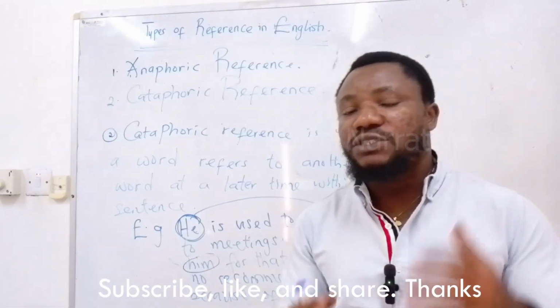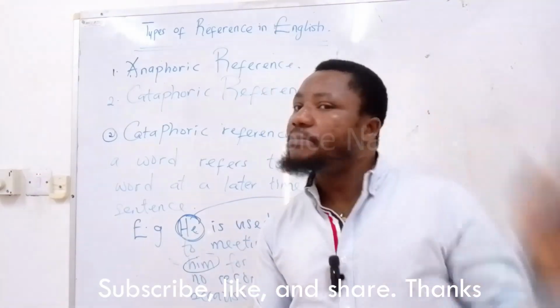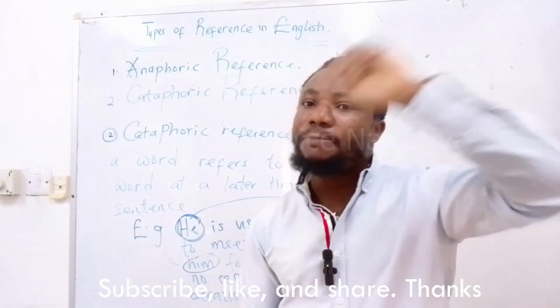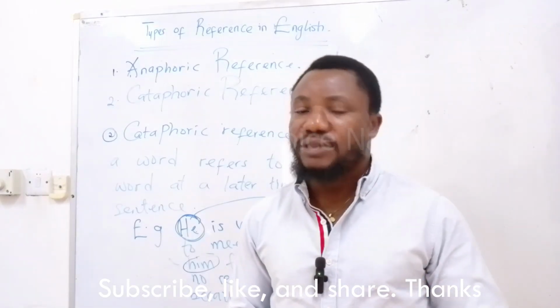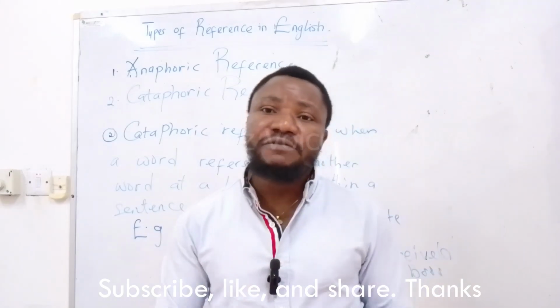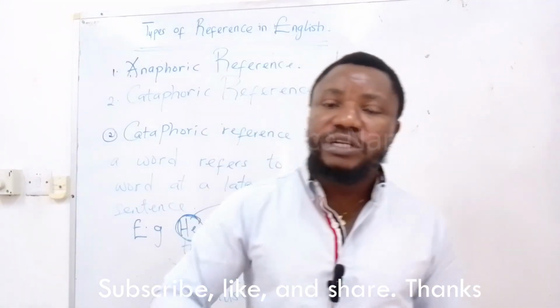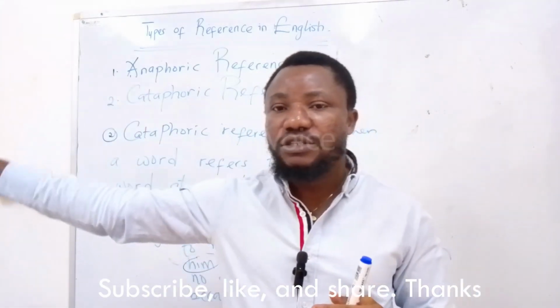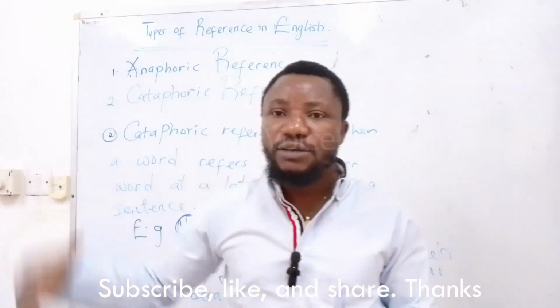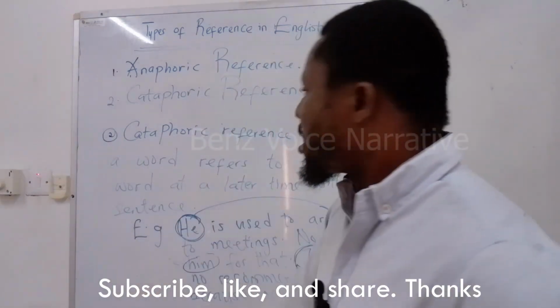Anaphoric reference is a reference in which a word points back, refers back to a word. What cataphoric reference is, is when a word, a reference, points to a word or to a noun ahead at a later time in the course of writing. And we've looked at examples.